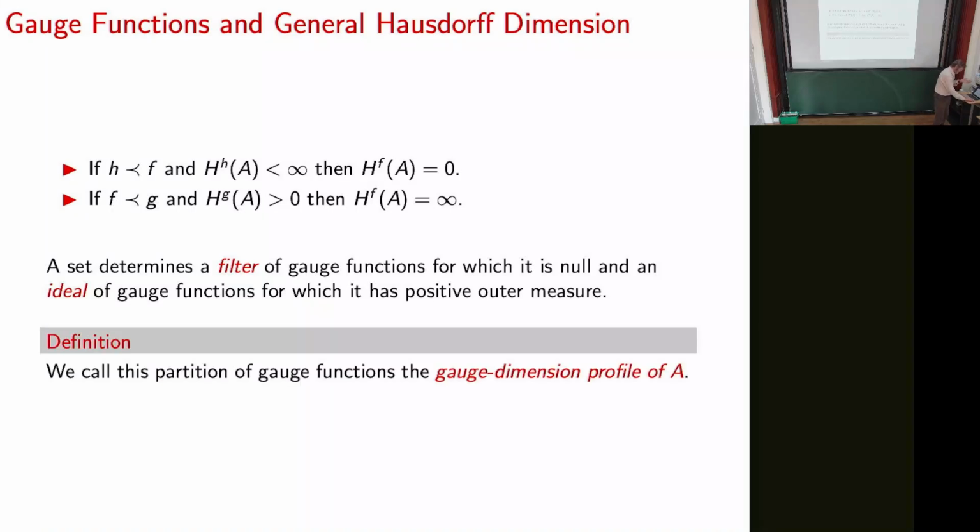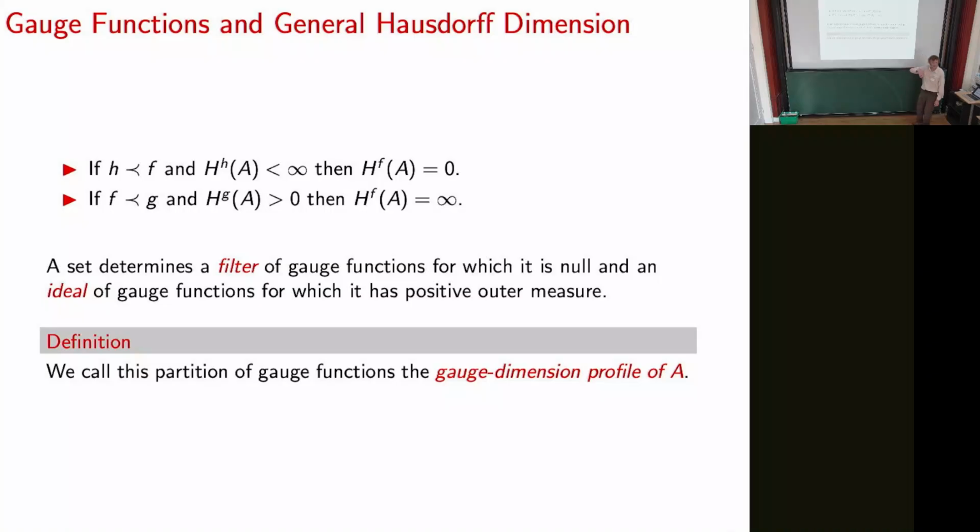the set of gauge functions which give a set positive measure. Right? They sort of form an ideal. There's no join here. They form the lower part of the partial order of gauge functions. And the ones that say that A has measure 0, they form something like a filter, an upper set in the partial order of gauge functions.